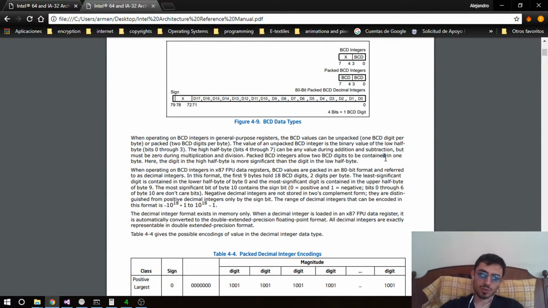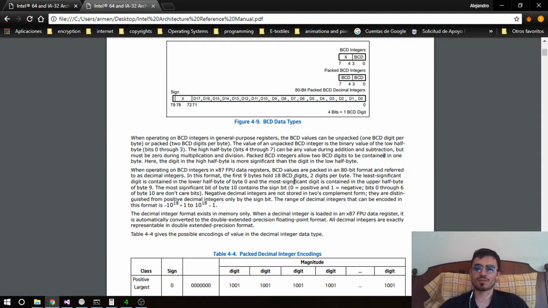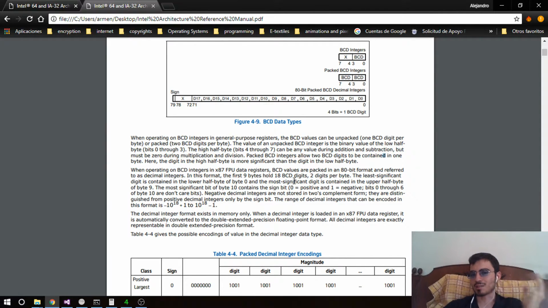And you don't want that, of course. But in any case, that's kind of error prone. You don't want to have a binary coded decimal value and just let the user inject some data on the upper half bits and go bananas. So it's kind of a janky thing, I guess.